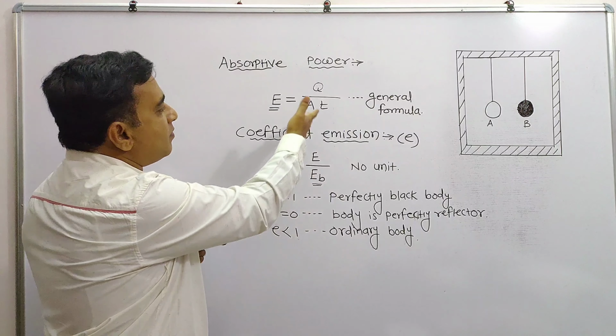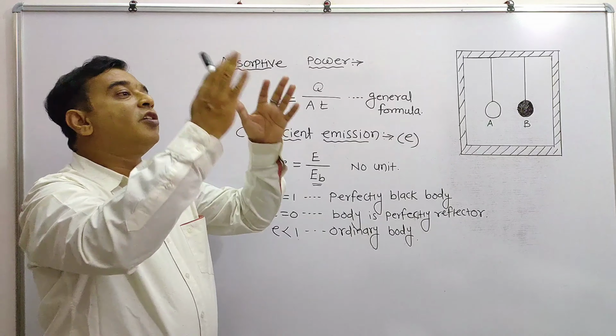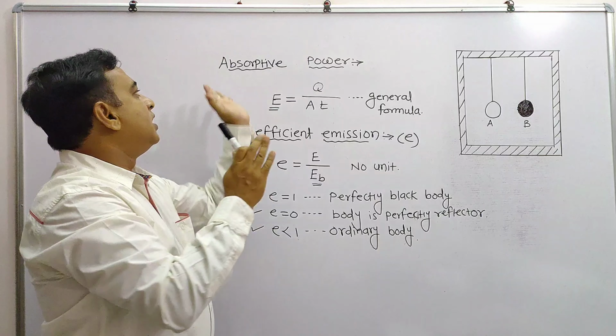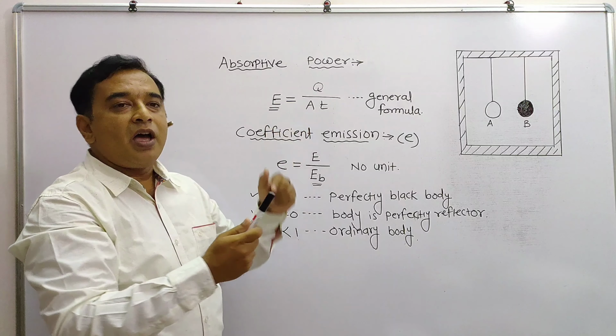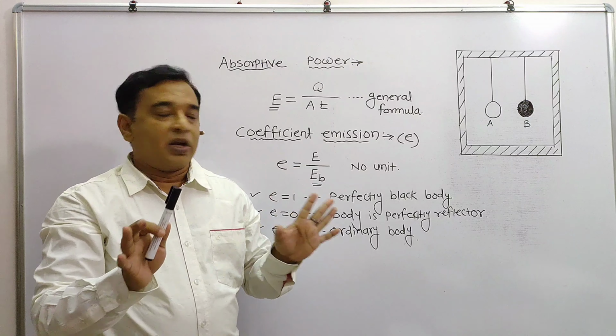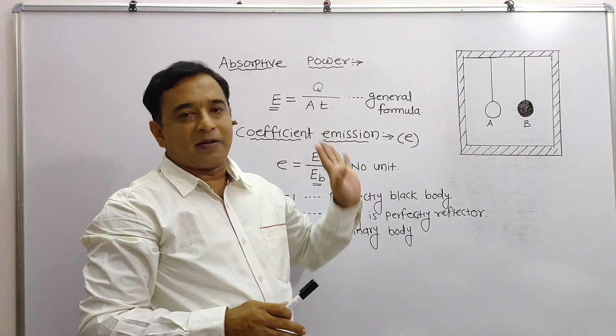The formula is the same, but the sentence will change. If it is emissive power, it is the amount of energy emitted; if it is absorptive power, it is the amount of energy absorbed per unit area per unit time. Now we are going to know about Kirchhoff's law using this diagram.